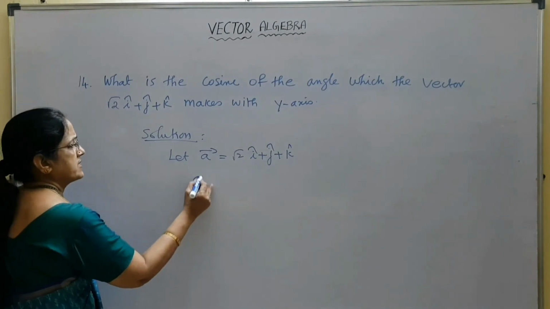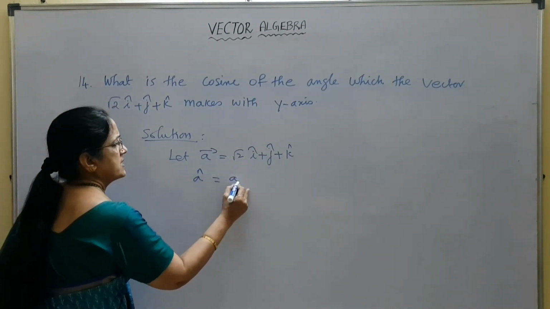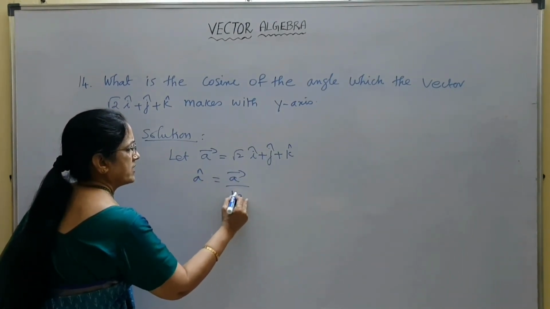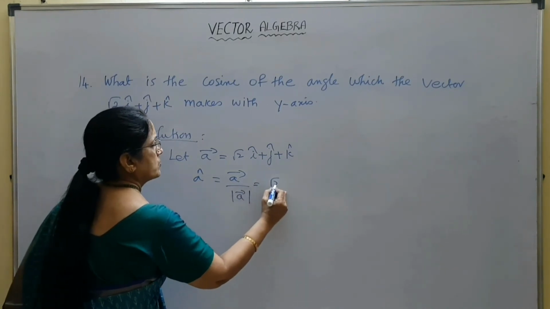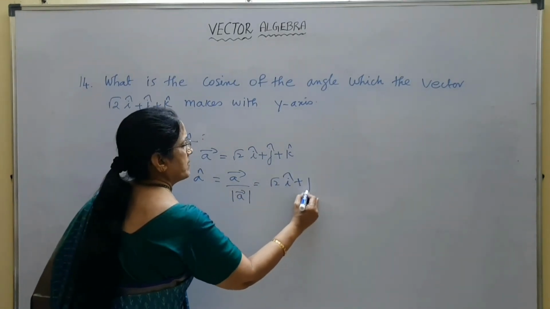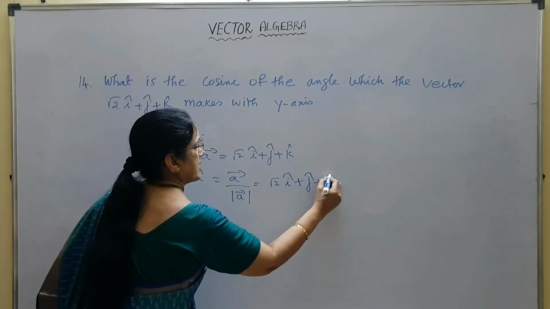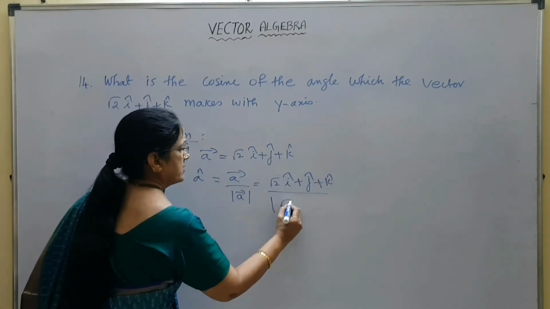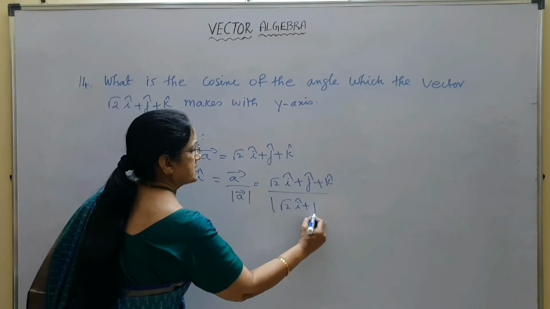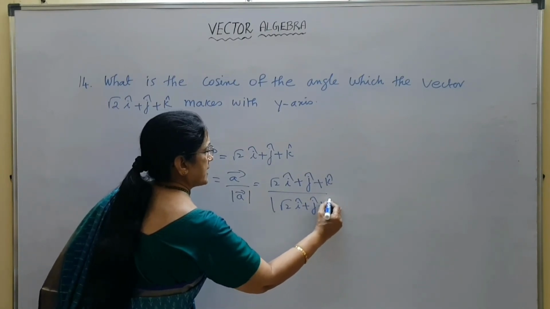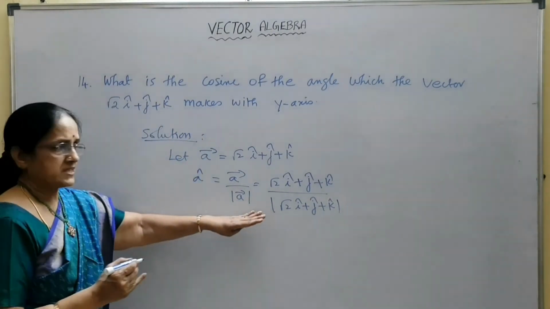Then the unit vector here will be a cap, which is a vector by mod a vector, which is root 2 i cap plus j cap plus k cap by mod of root 2 i cap plus j cap plus k cap. Let us simplify this further.